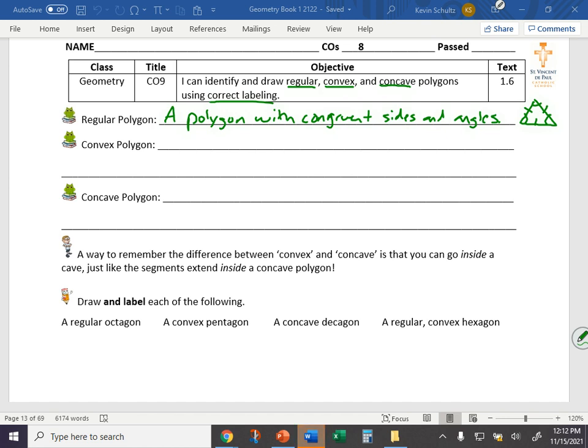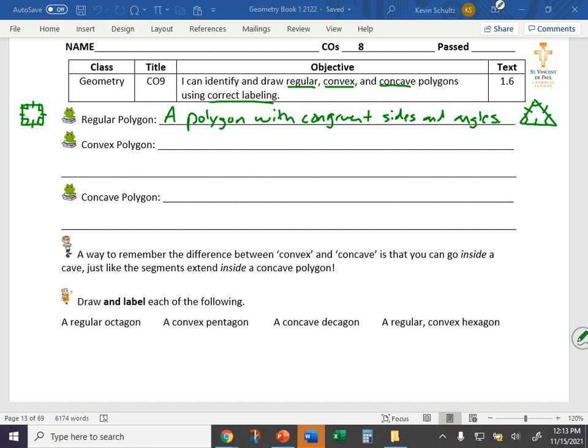That would be a regular triangle. If I asked you for a regular quadrilateral, what is the only regular quadrilateral? A square. All sides are congruent, all angles are right angles, so they're all congruent as well. So a regular polygon is all sides, all angles are congruent.